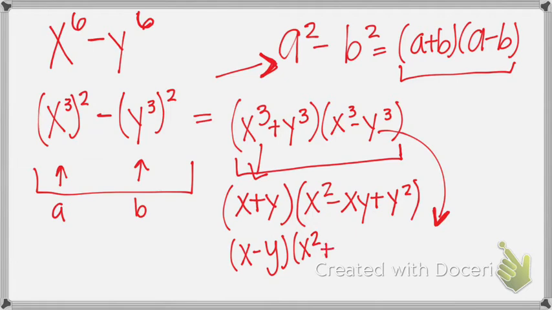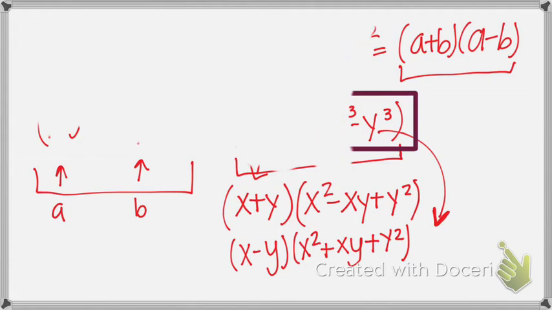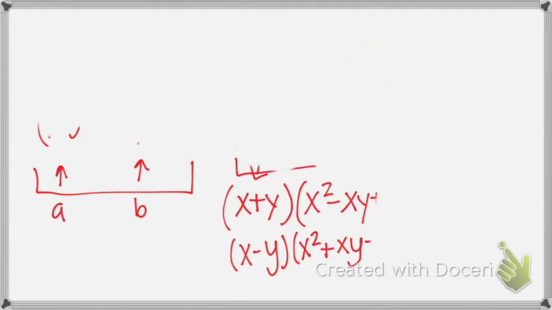Plus, xy, plus y squared. It's already a plus. I thought we were flipping or something. Sorry, that one's hard. We'll go over that. I have a couple more like that we're going to do, maybe not in this packet, but my other packet.